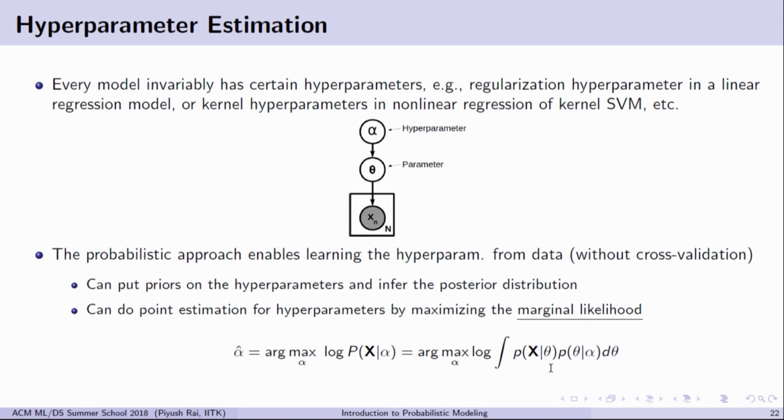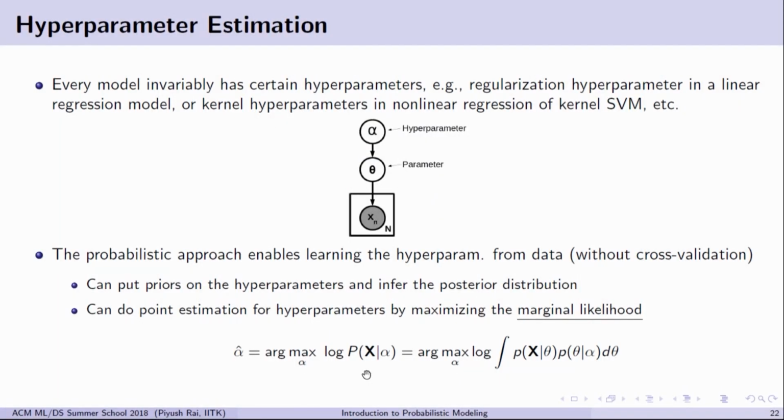Because all we are trying to do is learn alpha, right? So one way to solve for alpha is to find the alpha that maximizes the probability of x given alpha. This is also known as the marginal likelihood, by the way. If I think of x given theta, this is the likelihood, which we defined.